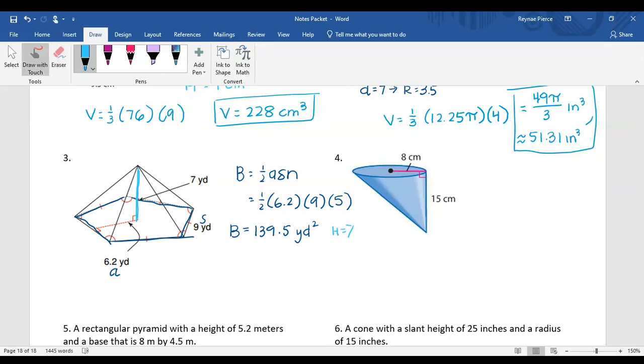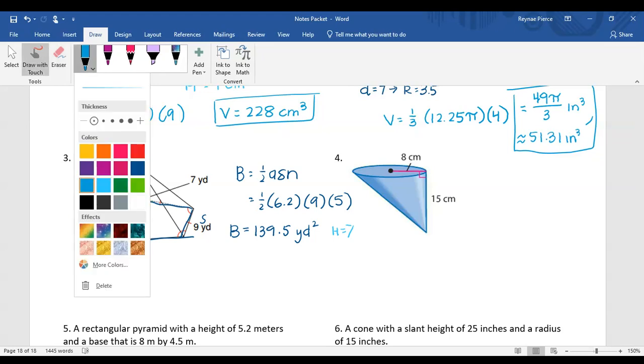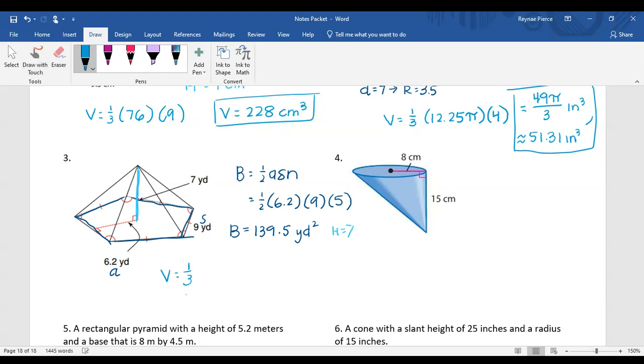And to find the volume, 1/3 times the area of the base times the height, which gives us a volume of 325.5 cubic yards. Example 4, we've got a cone. Looks a little funny, but it's still a cone.